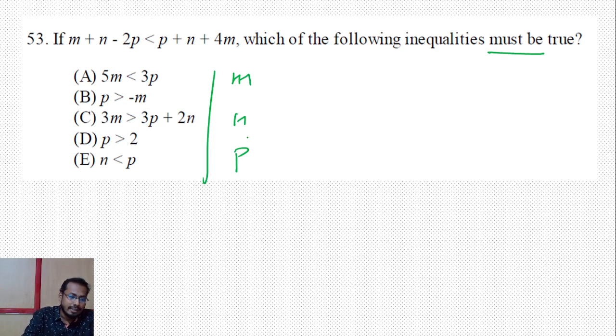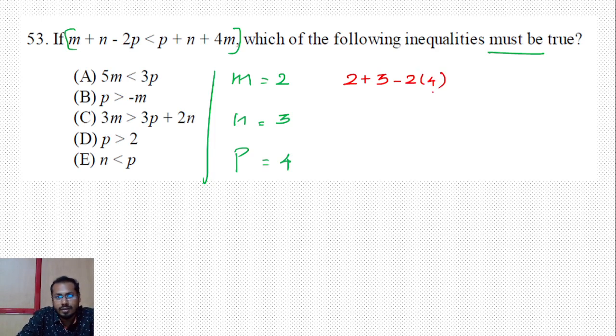Let's take m is equal to 2, n is equal to 3 and p is equal to 4. Easy numbers, 2, 3 and 4. Now we are going to check this inequality. Look at this. m is 2 plus n is 3 minus 2 times p, p is 4, correct?